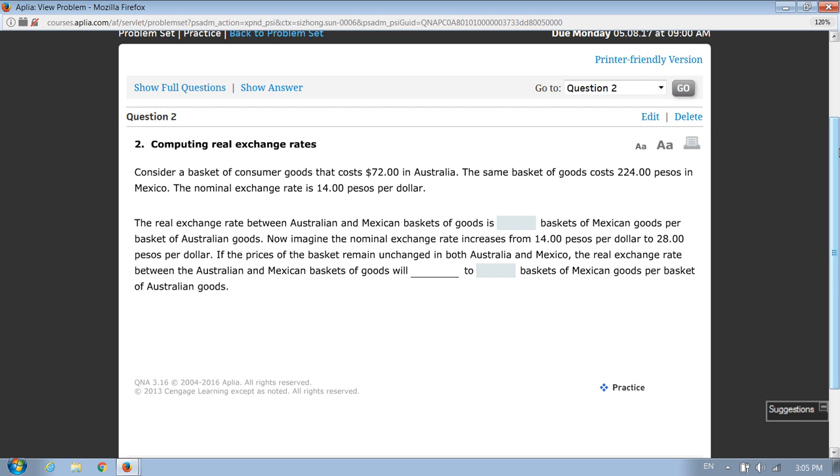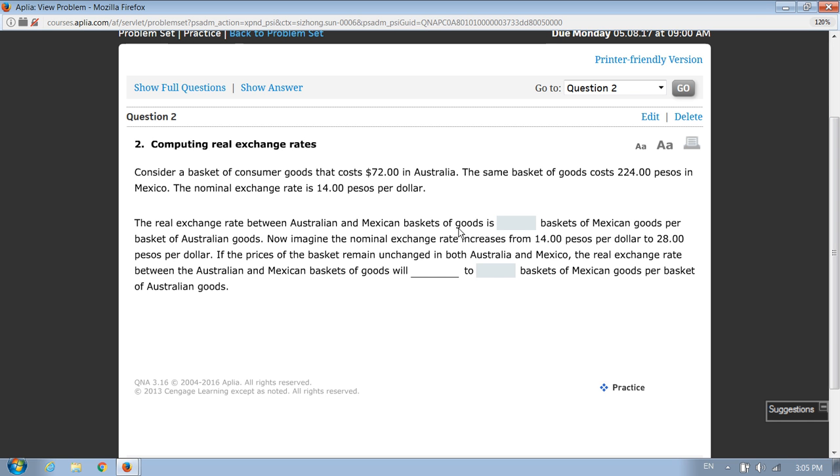Computing the real exchange rate. Consider a basket of consumer goods that cost $72 in Australia. The same basket costs 224 pesos in Mexico. The nominal exchange rate is 14 pesos per dollar.